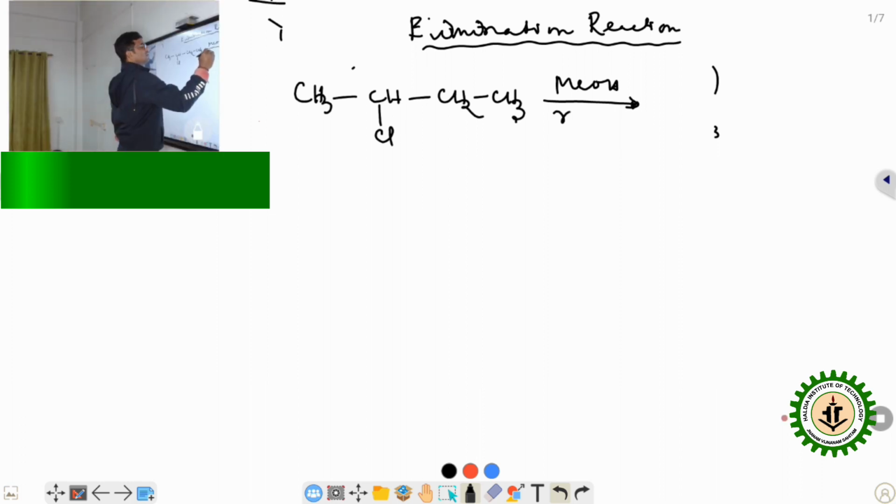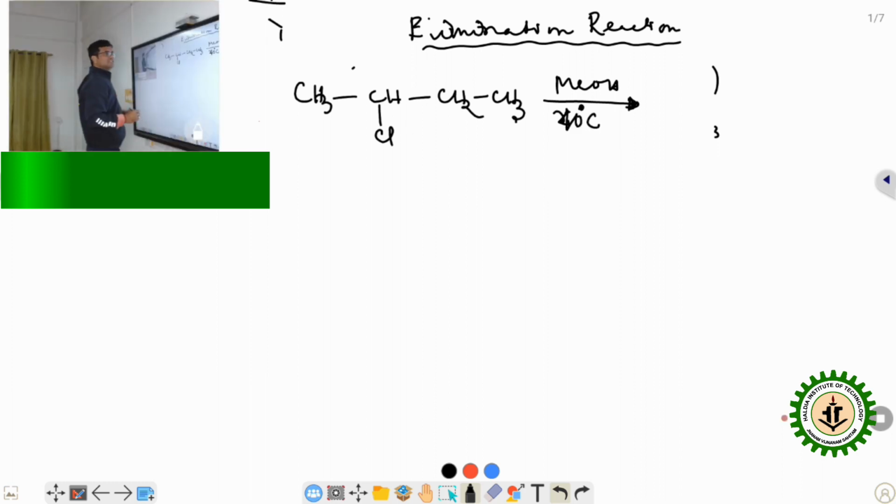Room temperature, or say around 40 degrees centigrade. Although here two kinds of reaction will take place, that is SN1 reaction and E1 reaction, at higher temperature the reaction leads to the formation of alkene, that is elimination reaction, but at lower temperature substitution reaction will take place.